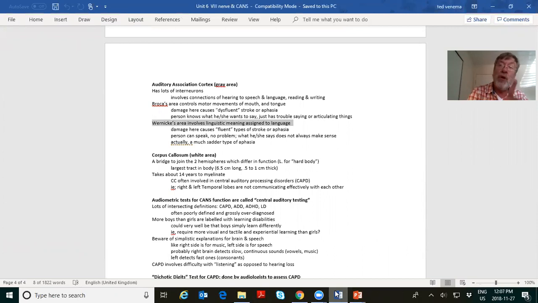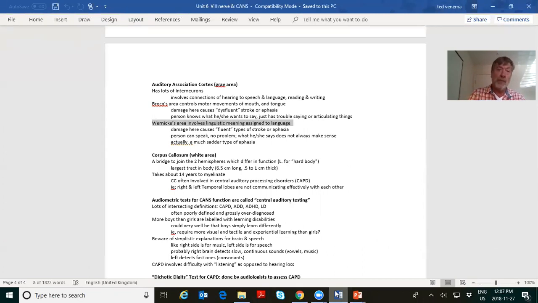Okay? Wernicke's area is actually more sad because that's called fluent aphasia. The person can talk, no problem with controlling his mouth. Not at all. But he just doesn't know what he's saying. He's swearing and cussing and just blah, blah, blah. He's lost control of his language.